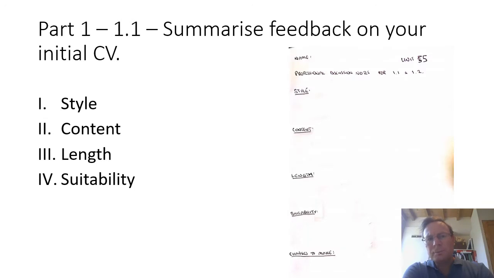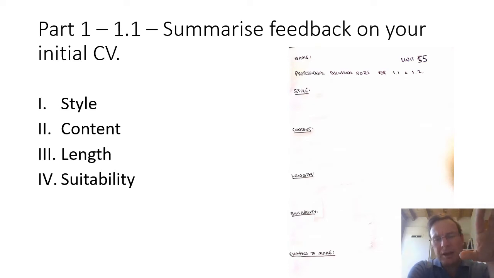So your first task was to give me a copy of your CV. Most people have done this, and I've already sent back the feedback. So your first task, once you've got that feedback, is to summarize the feedback that was given.